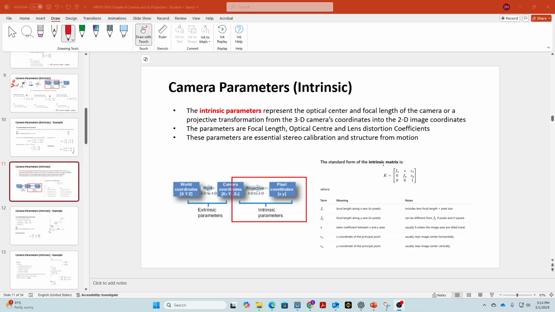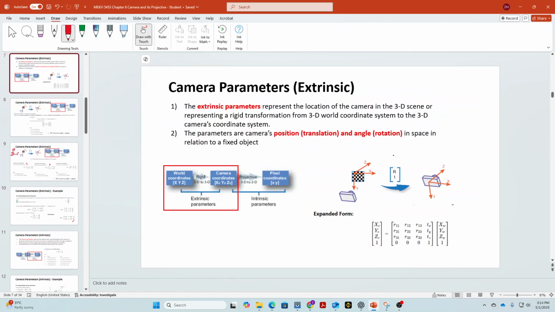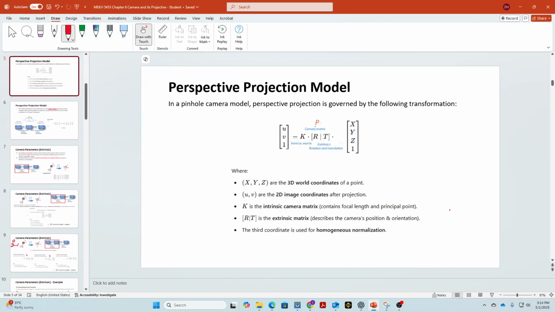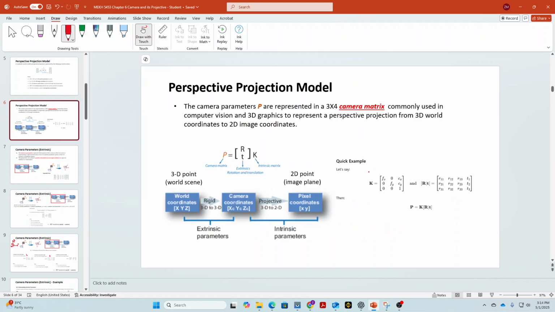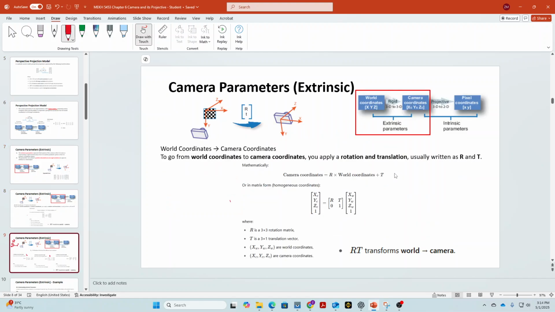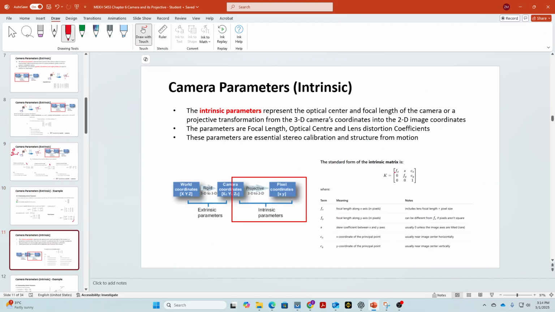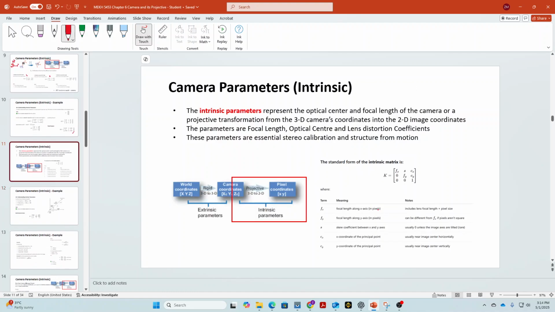So this will be the formula, the same one we learned at the beginning here. So this is K. What are Fx and Fy? Fx is the focal length along the x-axis in pixels on the camera sensor. Fy is also the focal length, along the y-axis in pixels.